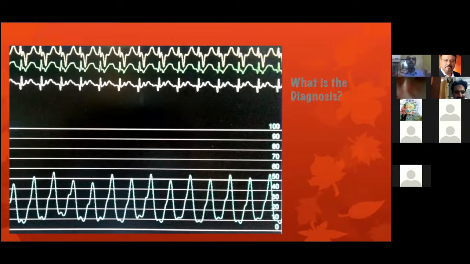So V tall in LA, A tall in RA. There is a large ASD. Equalization. So A becomes equal, V becomes equal. The tall V of the LA now comes on to RA. The tall A of the RA goes on to LA. So in a patient with ASD, A and V will be equal.